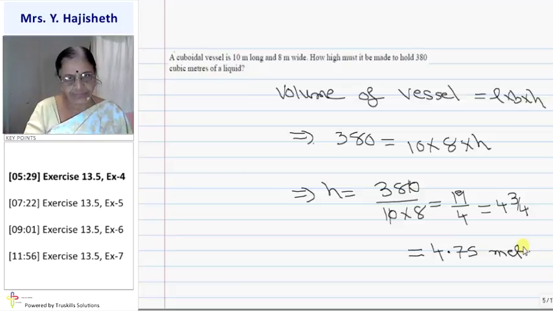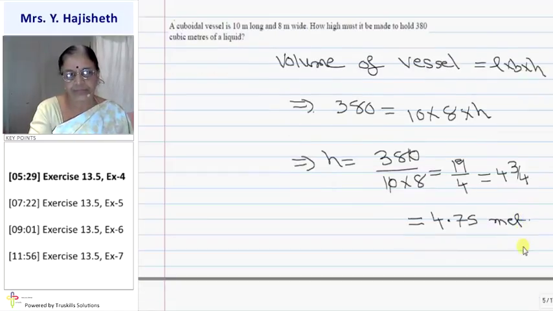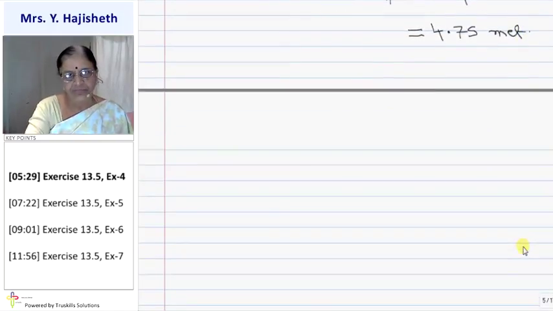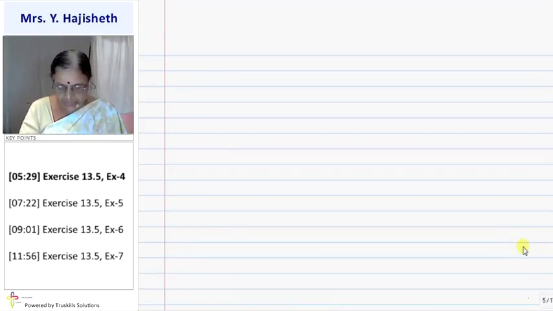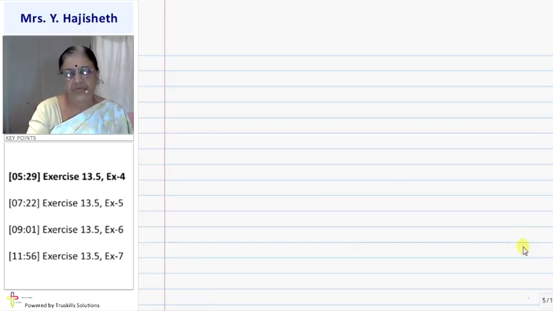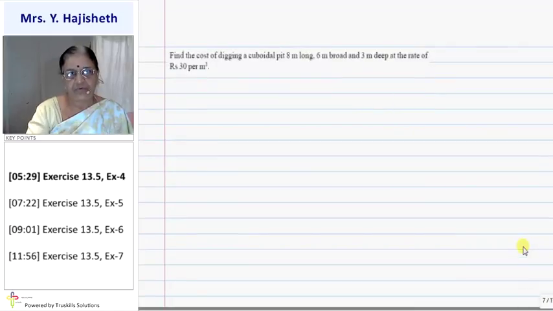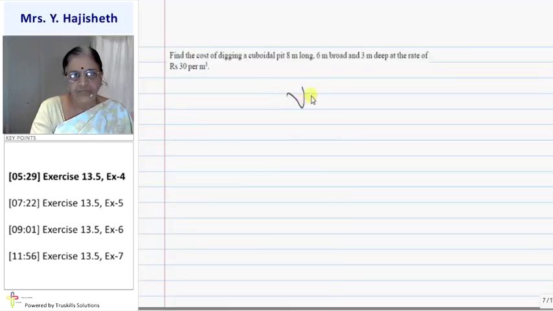Now next sum. Find the cost of digging a cuboidal pit 8 meter long, 6 meter broad and 3 meter deep at the rate of rupees 30 per meter cube. So for this we should find out first volume of a pit. What is volume of pit?